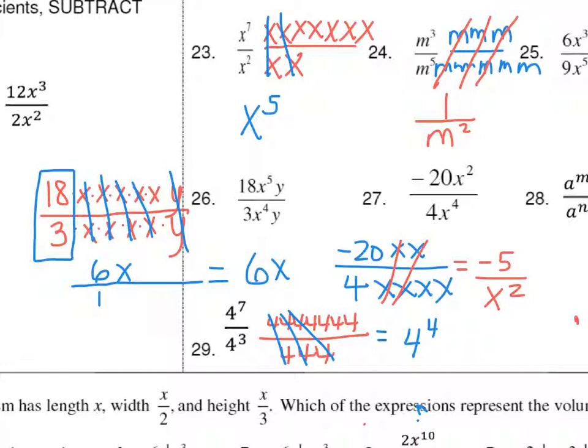So again, on these rules, if you see the pattern, you've probably already seen it. If you don't see the pattern, you probably won't. But what the pattern is on this is we subtract our exponents. So 7 minus 3, if we're looking right here on number 29, our exponent is 7 minus 3 is 4. So 4 to the 4th.